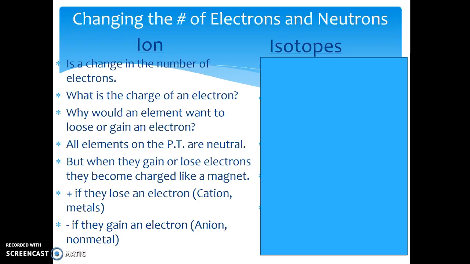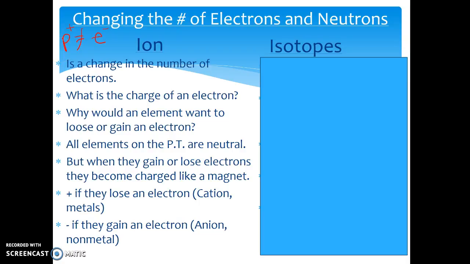An ion is an element that has a different number of electrons. And what that means is that the protons does not equal the number of electrons. They're not equal, okay?